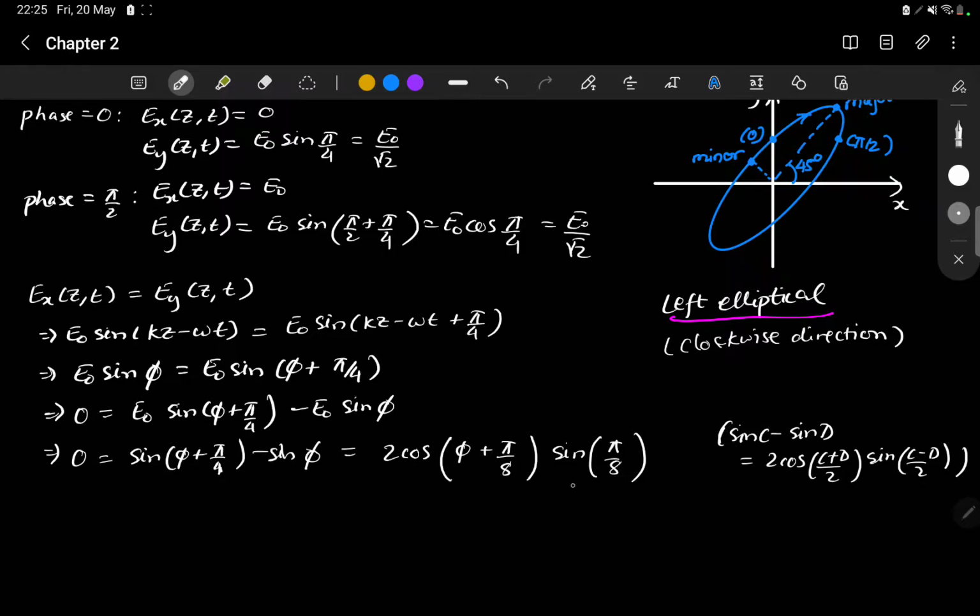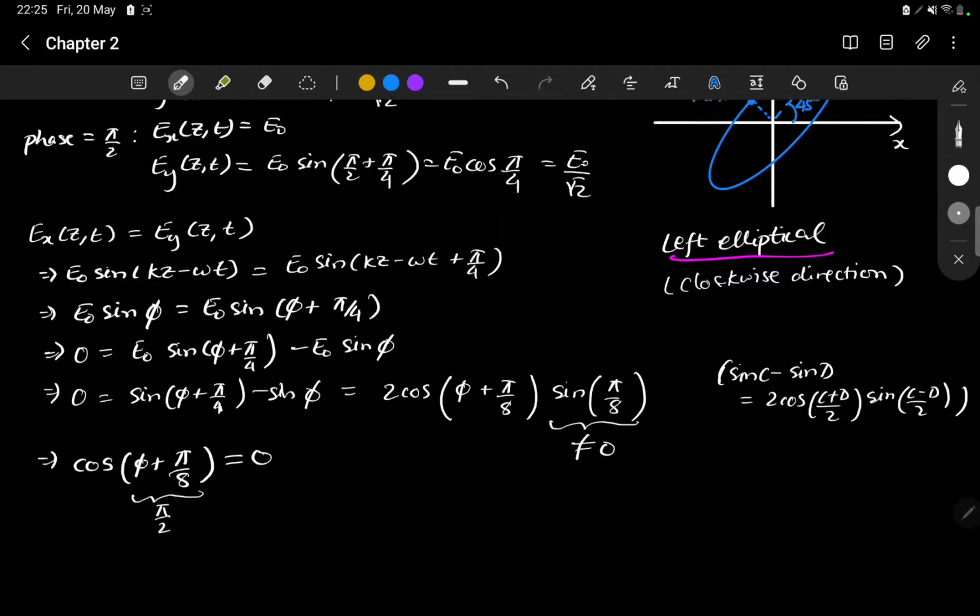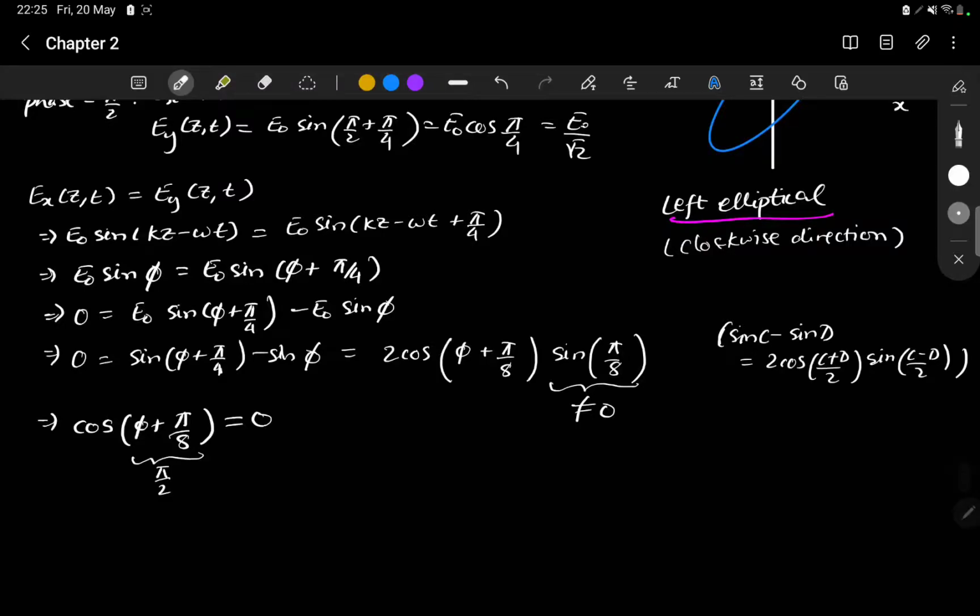Now we clearly know that this number is non-zero, which implies that cos of phi plus pi by 8 will be 0, and this in turn means that this argument should be equal to pi by 2, because cos pi by 2 gives us 0.